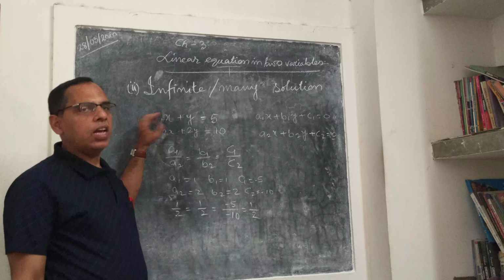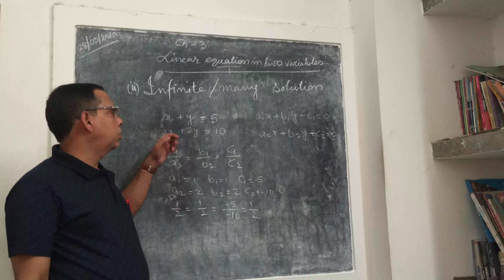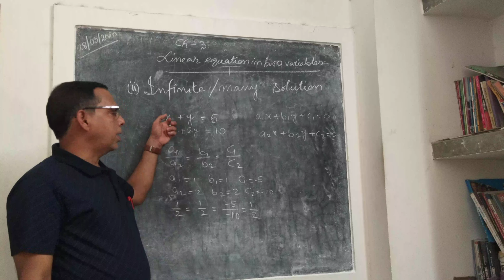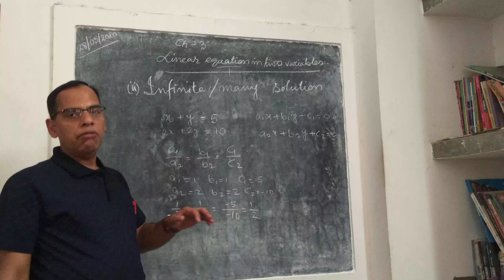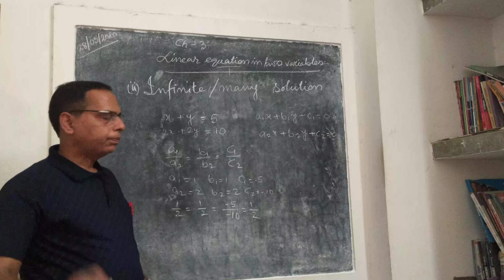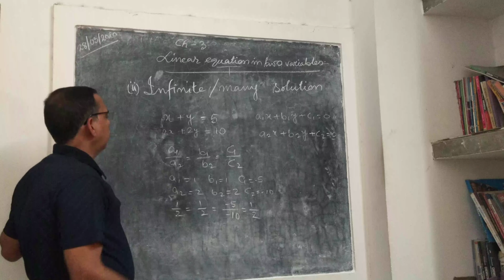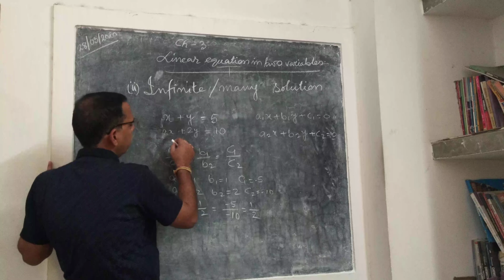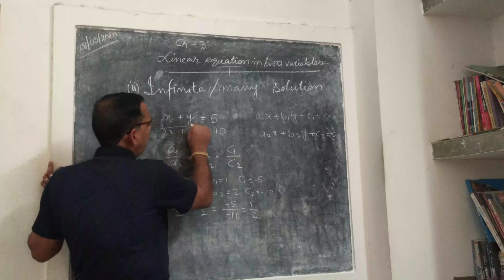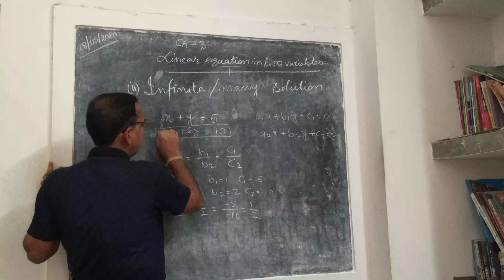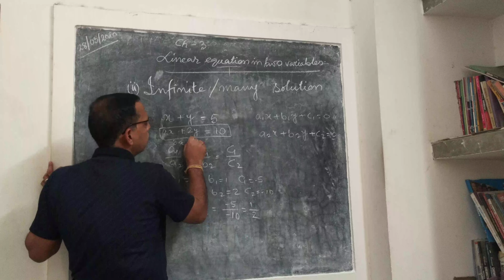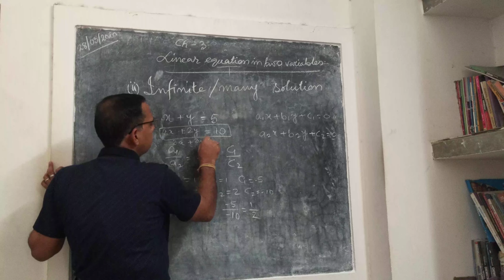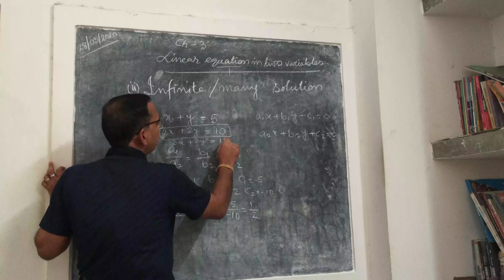If I ask you to keep this one as it is and make another equation so that there will be infinite solutions, how can you do it? Just see, this one I have written first. Now let's see: thrice x, thrice y equal to 15.